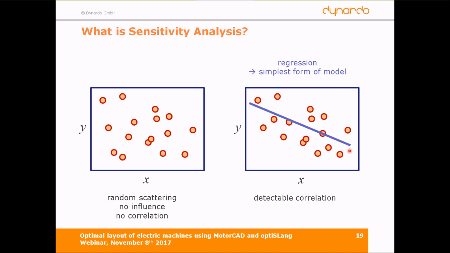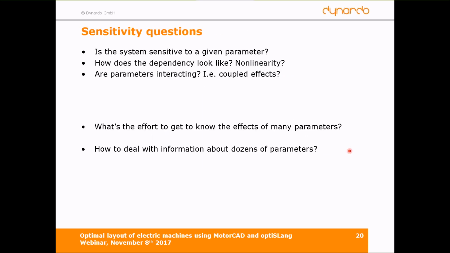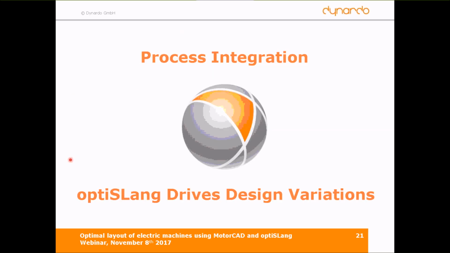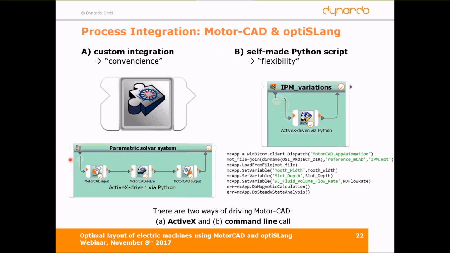What happens if X1 has more effects if another parameter, X3 or X5, is changed at the same time? And if both don't change at the same time, then the effect is not as big. So parameter interactions, nonlinearity, more dimensions, that's the question. So is the system sensitive to a given parameter? Are parameters interacting? And how do we get to this information? And that's the questions you can answer with a response surface-based sensitivity analysis.